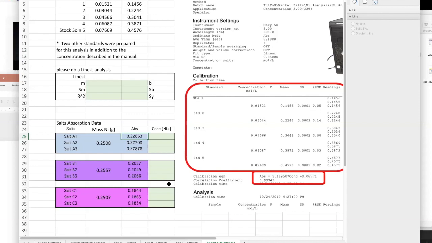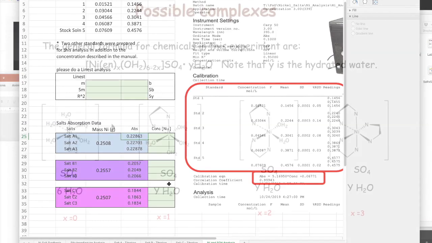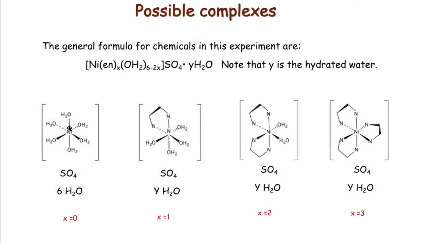You want to be able to calculate these. Once you have these values, that is, you have the percent ethylenediamine, the percent of the nickel, the percent of the sulfate, and the percent of the water for each one of these salts, then you can back calculate the formula for each salt. See, for every 1 mole of nickel, you have 1 mole of sulfate.